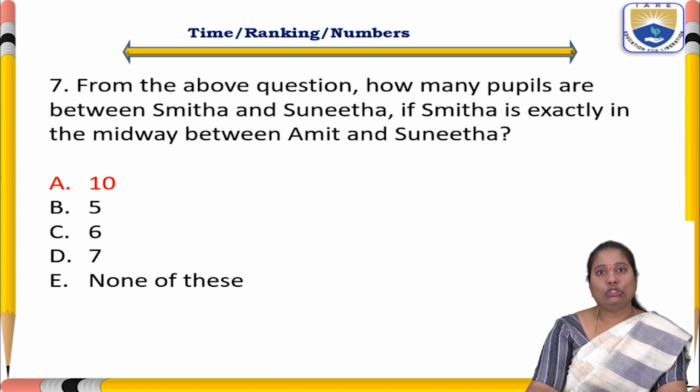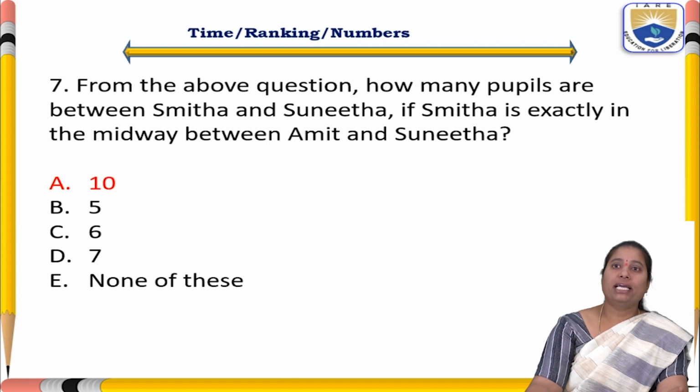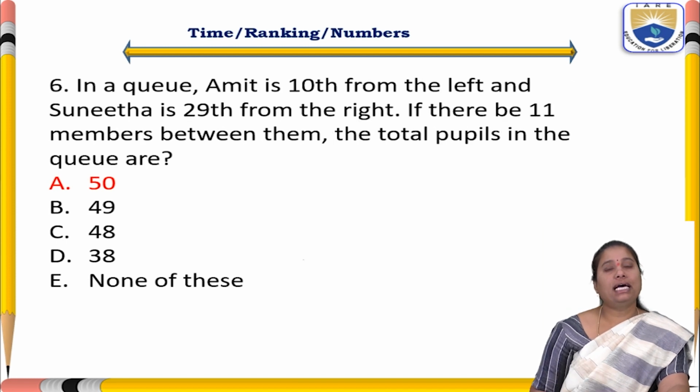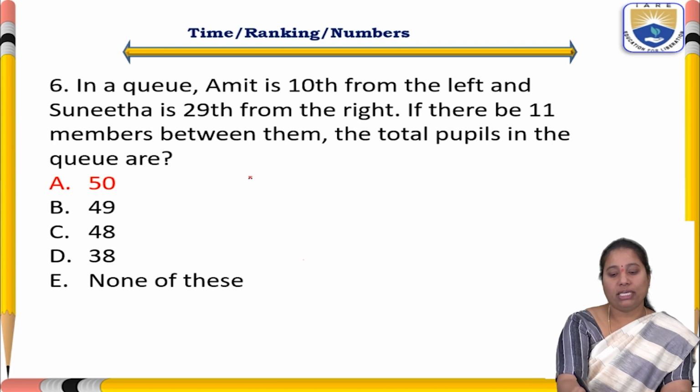So let's discuss the next question. From the above question, how many people are between Smita and Sunita if Smita is exactly in the midway between Amit and Sunita? For this one, let us look at the positions they have given.